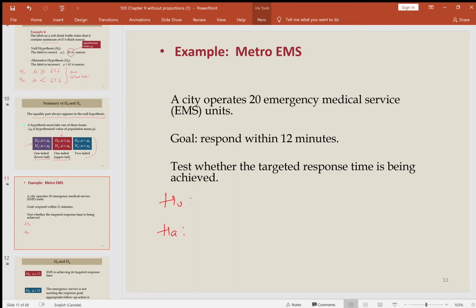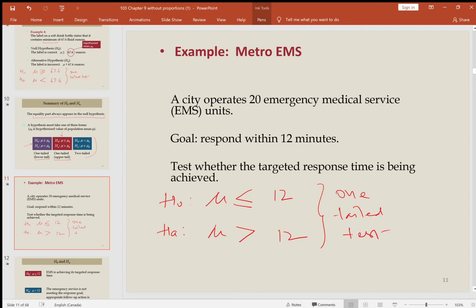So they have 20 emergency vehicles, and the goal is to respond within 12 minutes. So it can be 12 minutes. So within 12 minutes means 12 minutes or less, right? So 12 minutes or less, and then the opposite is more than 12 minutes. So this again becomes a one-tailed test, right? Because the goal is to respond within 12 minutes.